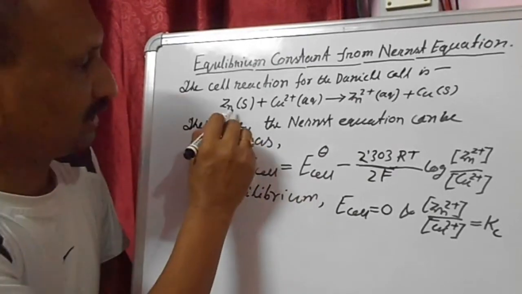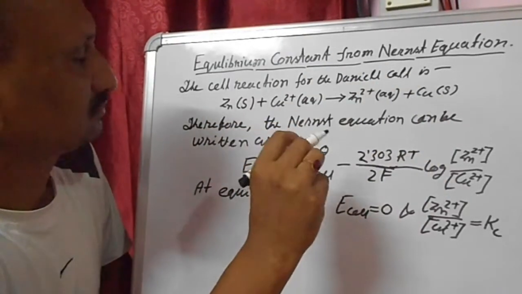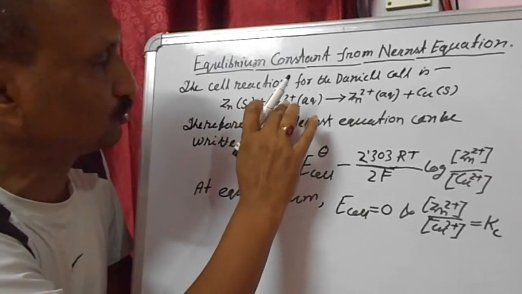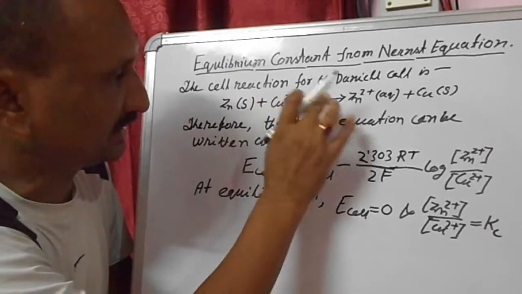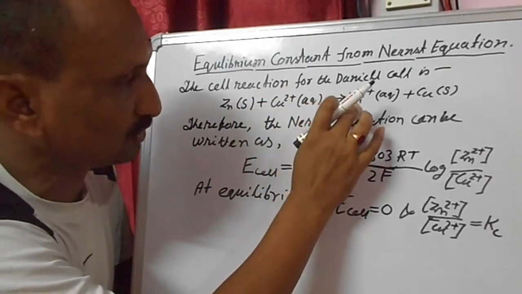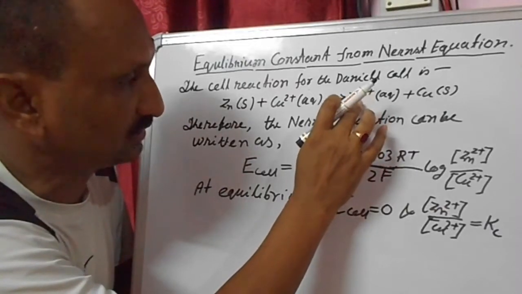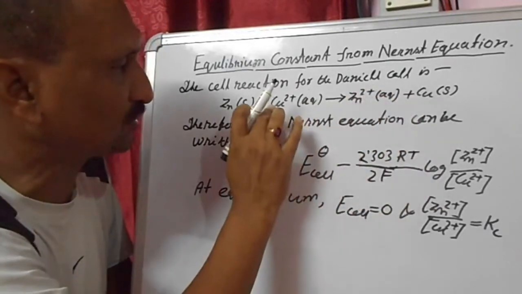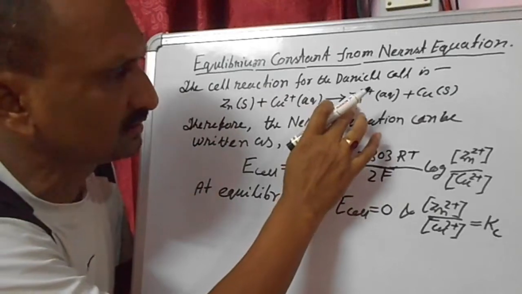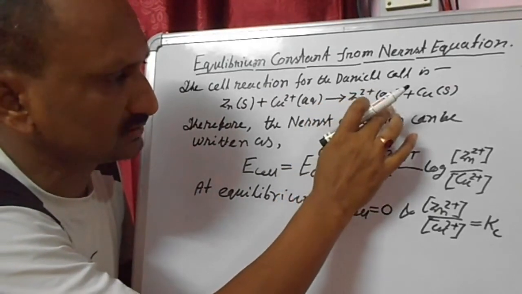Whenever the reaction is going on, the concentration of copper 2 plus ion keeps on decreasing, and by that time the concentration of zinc 2 plus ion keeps on increasing.